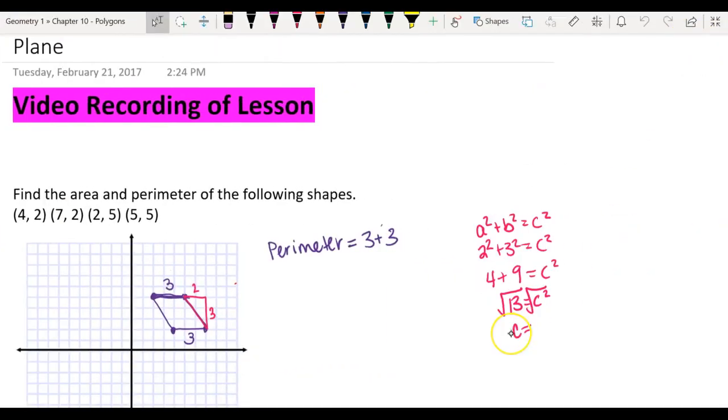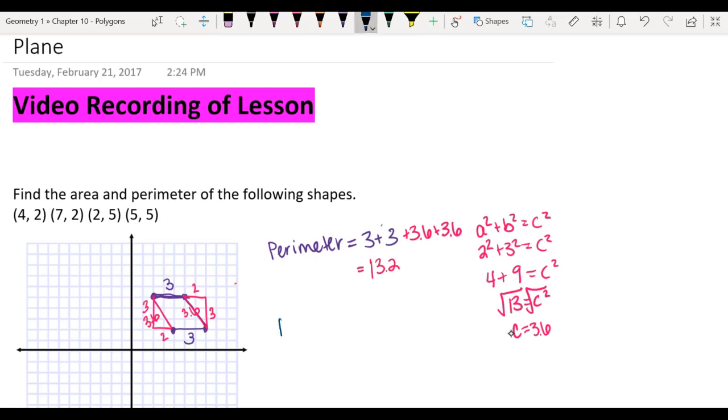So this side is 3.6, and we can see that this side is also 3.6 because it's going to be the 2 by 3 as well. That's going to be very typical today, that if you find one, it's going to give you more than one side length. So our perimeter, let's see, it looks like that's 13.2.